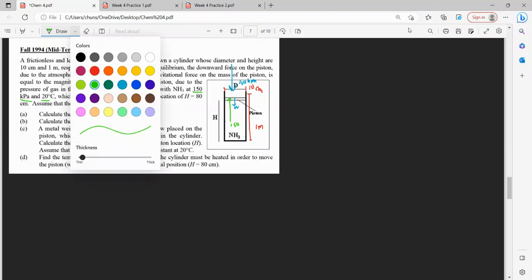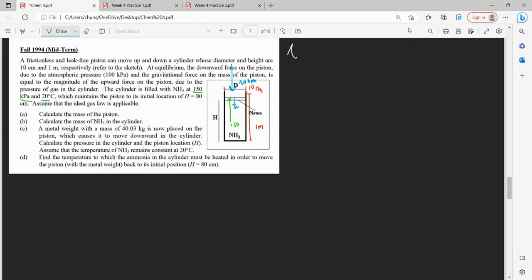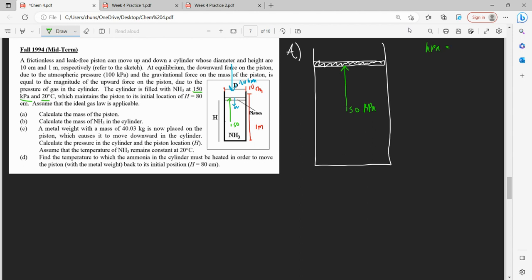So let's draw this cylinder again. This is for part A. So we have two kinds of exerting forces. We have from internal forces, pushing upwards on the piston is 150 kilopascals, where a kilopascal is equal to a kilonewton per meter squared.